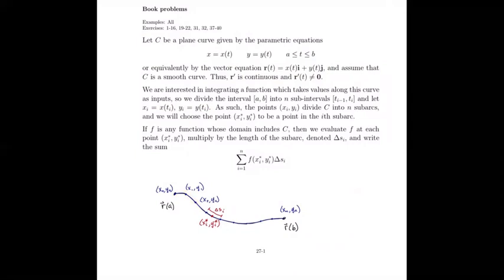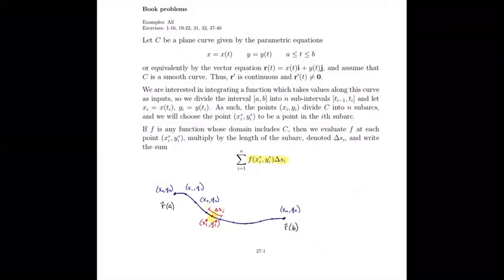If we find the function's value along one of these subarcs, x sub i star, y sub i star, then we can multiply the function's value, f of x i star, y i star, times the length of that arc, delta s i, representing the length of the arc. That'll give us roughly the integral of the function f of x, y along that subarc containing the point x i star, y i star.